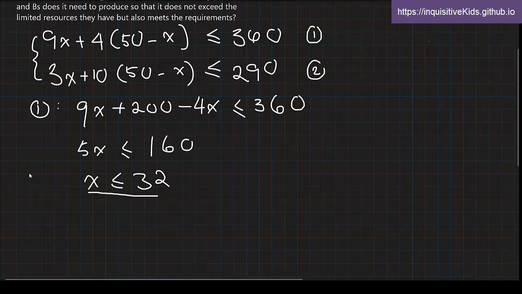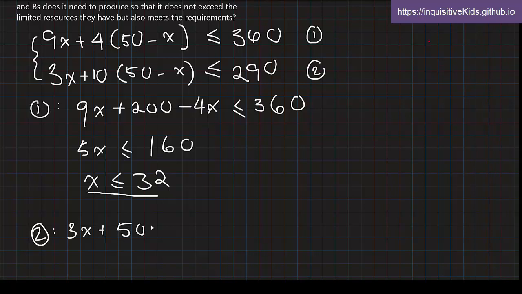And now let's solve for inequality number 2. Let's simplify that. For inequality number 2, we just substitute this in. So we have 3x plus 500, and then we have minus 10x.